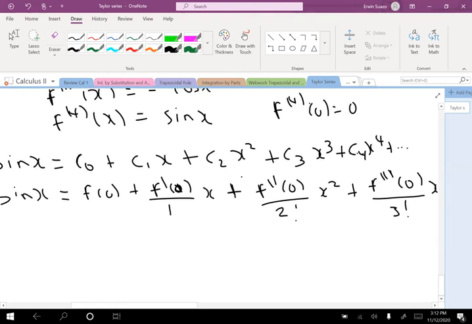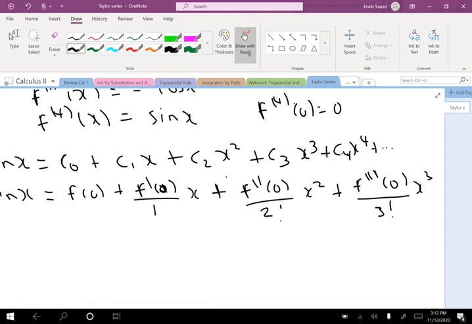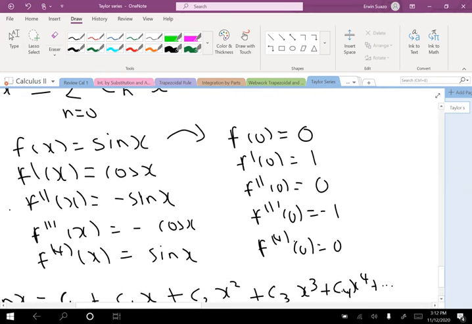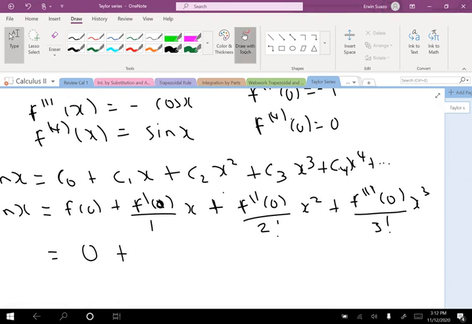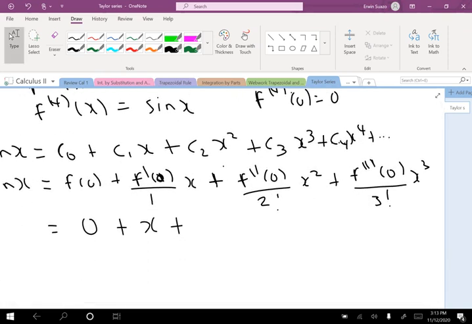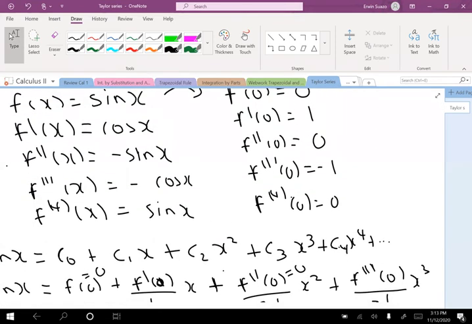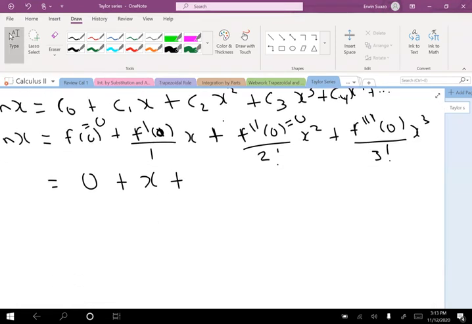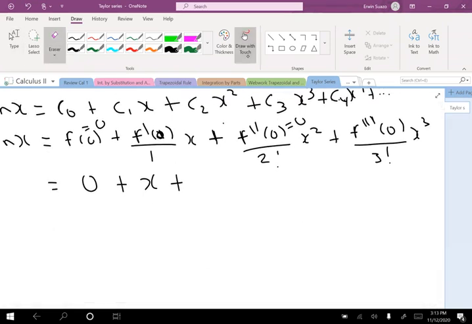Okay, so again, f of 0 is 0, so this guy is 0. Now f prime of 0 we said is 1, so I got x. Plus the next one, the second derivative at 0 is 0, so this one is gone. So I get the next one, the third derivative, which is minus, so it's minus x cubed over 3 factorial. The next one is 0, right?